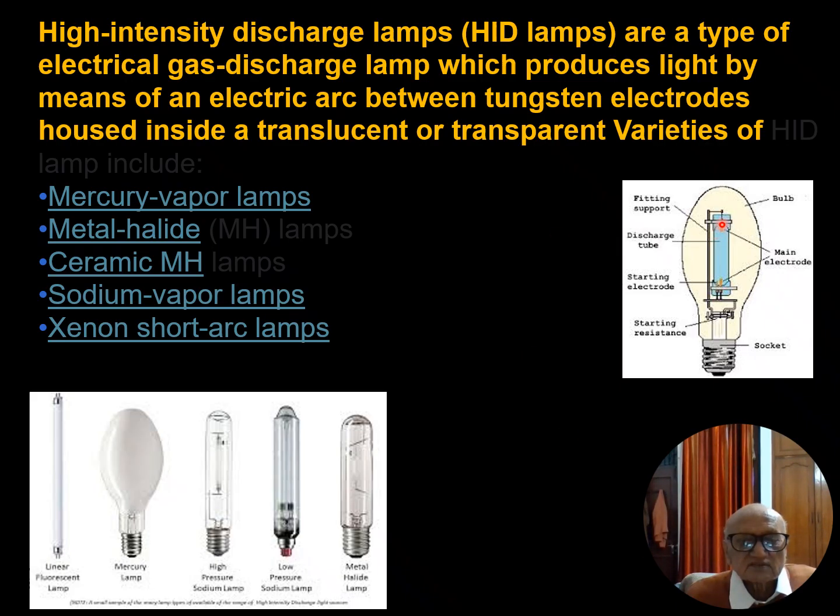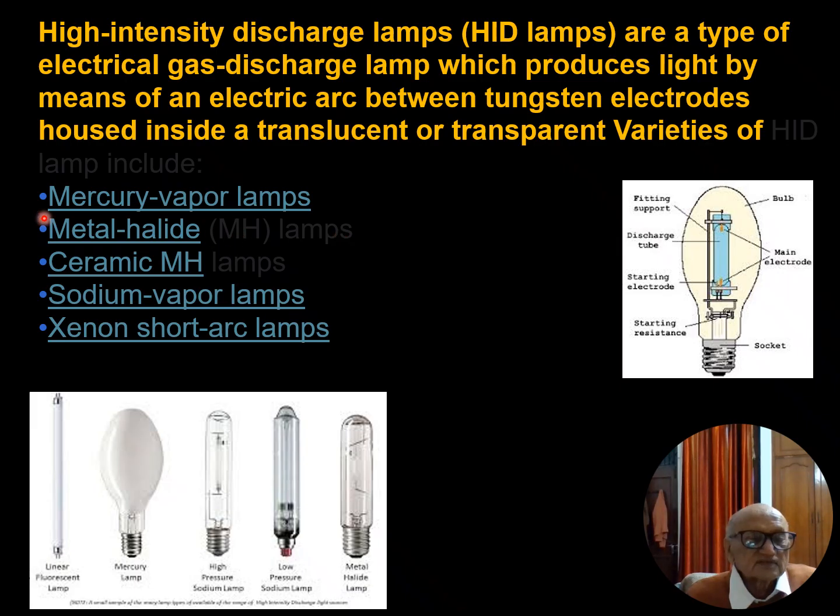The lamp gets voltage between this electrode and this electrode, and this is the high discharge tube. And this has a screw type system, and there is a resistance provided for starting this. This heats up the system, the resistance, and then a spark is emitted between these two electrodes.